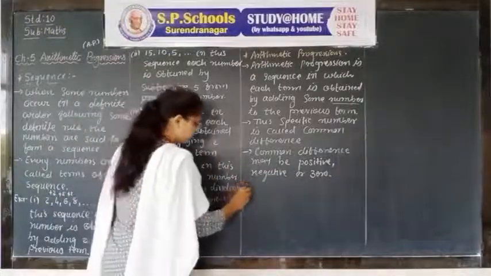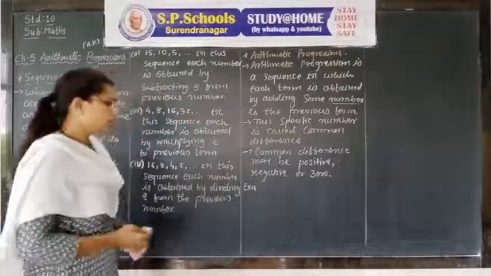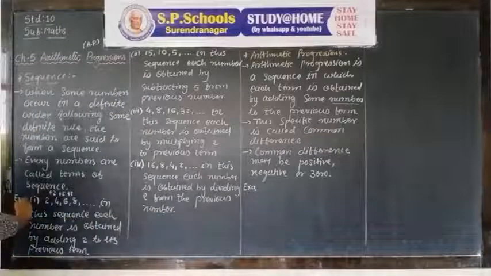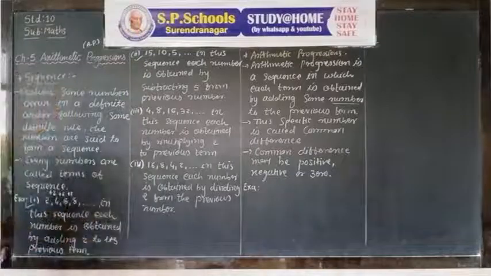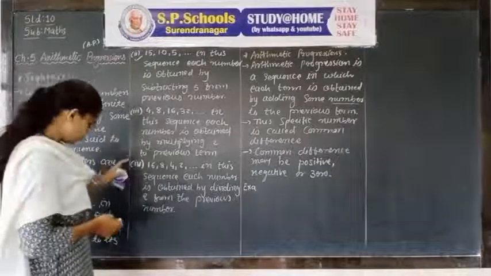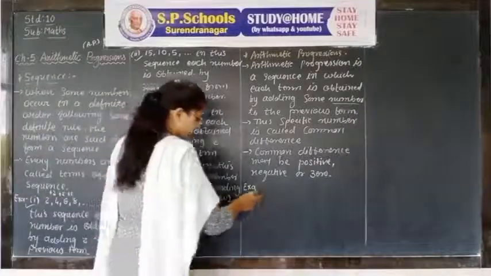Let us take examples for the arithmetic progression. Of the first 4 sequences, the first and the second are examples of arithmetic progression, but the third and fourth are not.